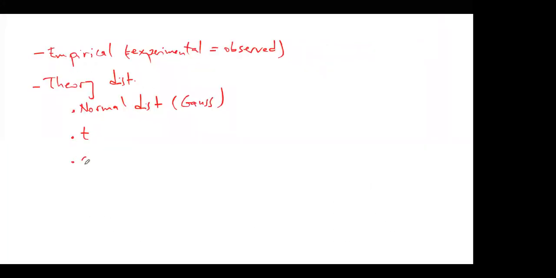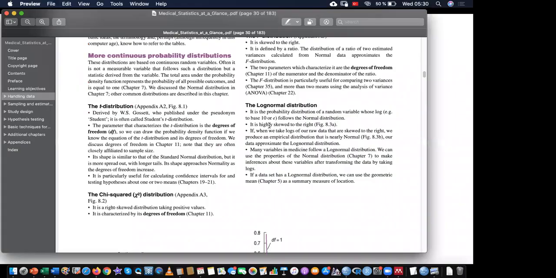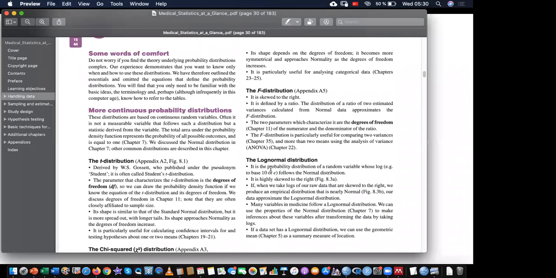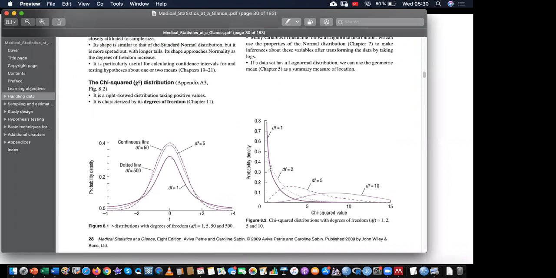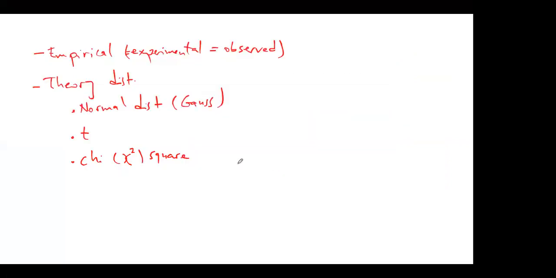The chi-squared, or we show it also as the Greek letter chi. This is the Greek letter chi, chi-squared. What else do we have? We have the F distribution, and the log normal.